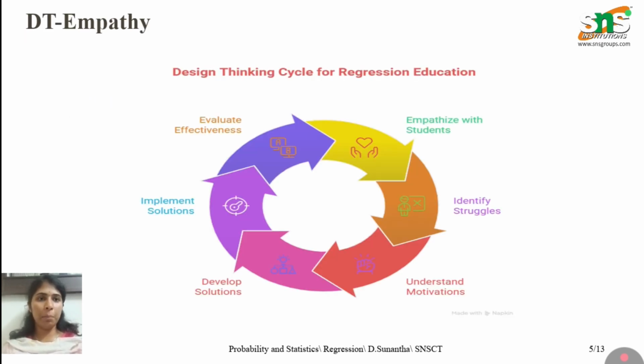Here is the empathy part, in which we are considering regression in education. We are going to empathize with students, let us consider in studying itself. Identifying how students struggle to understand the concepts. Next is understanding motivation, how students study.